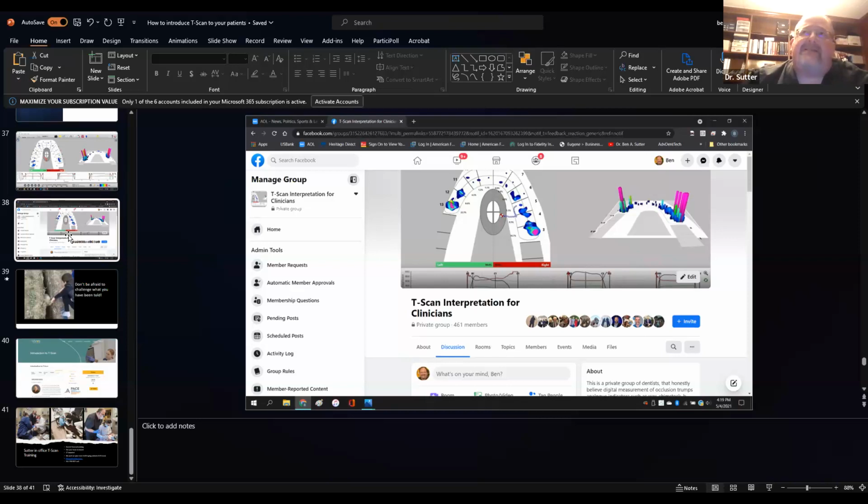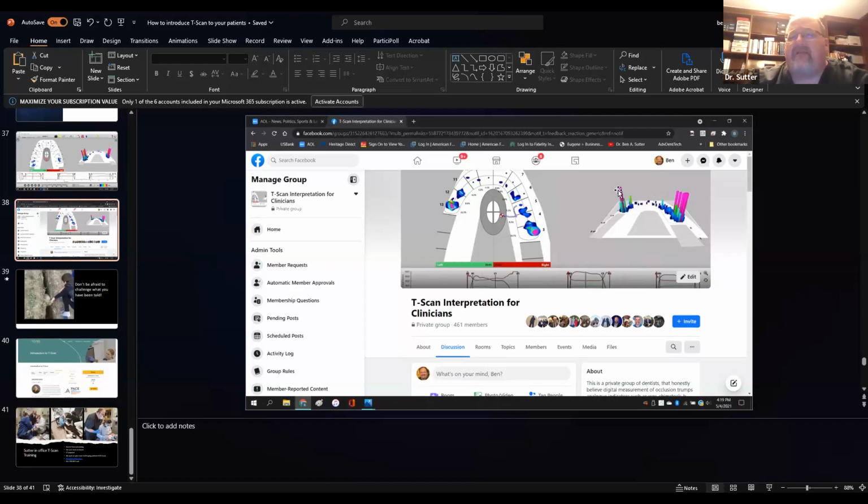I tested 5 patients, T-scan versus OccluSense, and they try to make it look like a T-scan with the height of the pixels and the colors. They have three colors: green, yellow, and red. The interesting thing was, on T-scan, when you're looking on the screen here, everything that's in pink is maximum force.